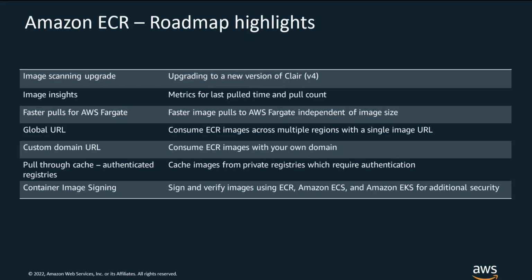And also that moves us nicely into one of the forthcoming features, which we are pretty excited about discussing, which is container image signing, the last item in this roadmap.